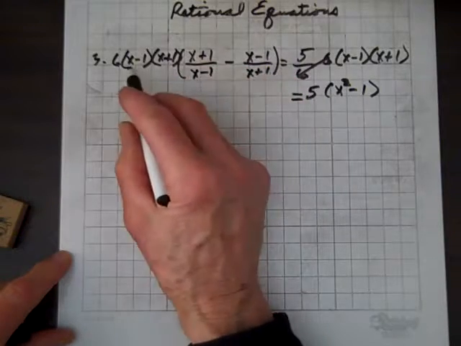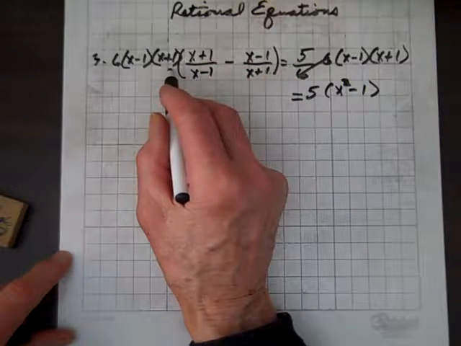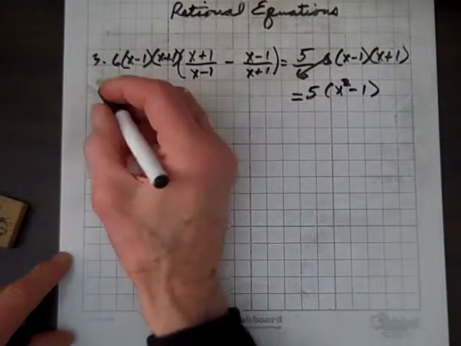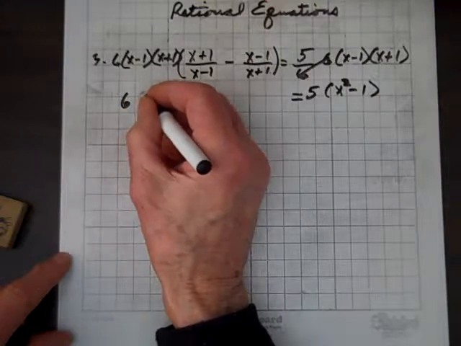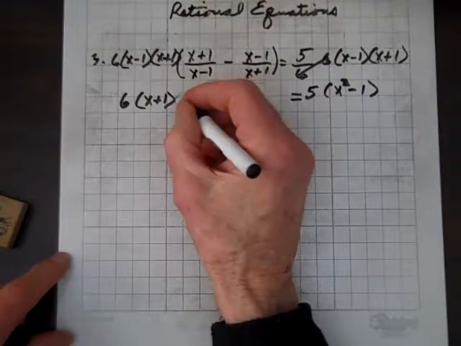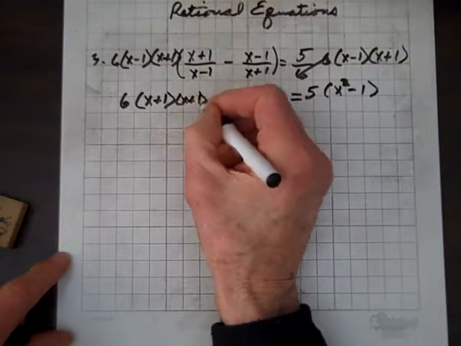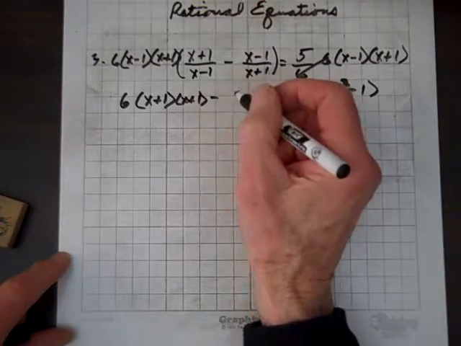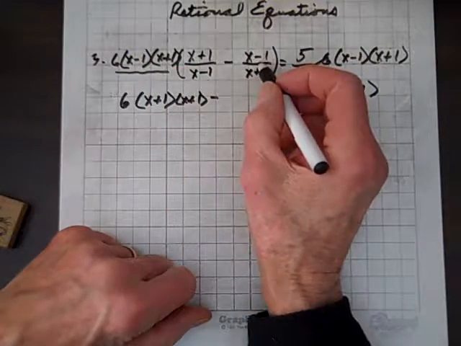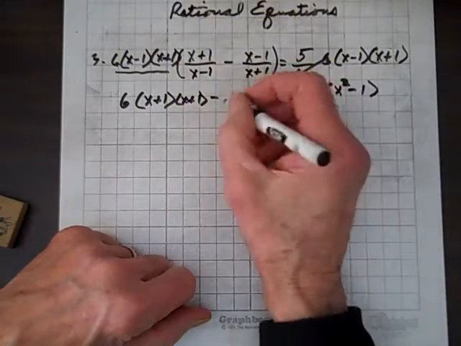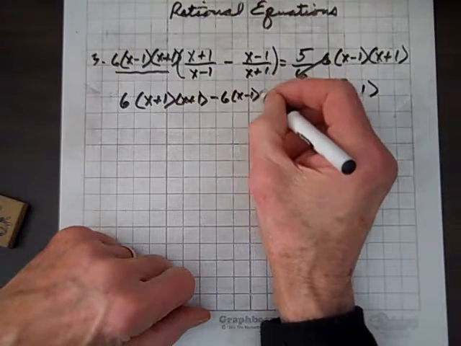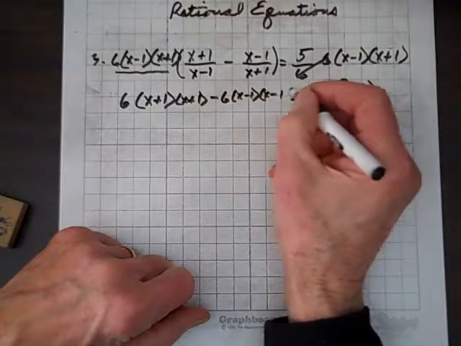Here, when we multiply this set of factors times this first term, the x minus 1's will divide out, and we'll get 6 times x plus 1 times x plus 1. And now there's the minus sign. And when we multiply this set of factors times this term, the x plus 1's will divide out, and we'll get 6 times x minus 1 times x minus 1.